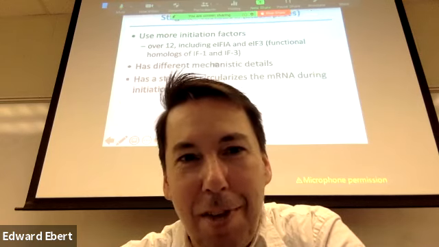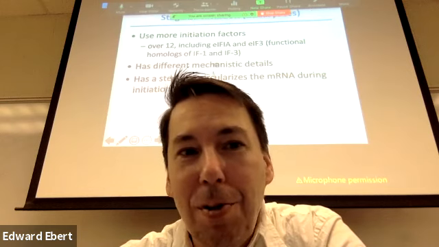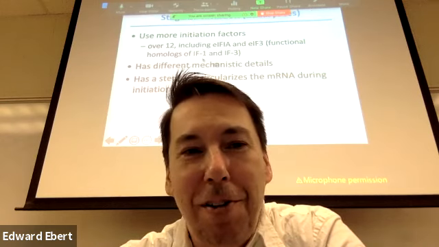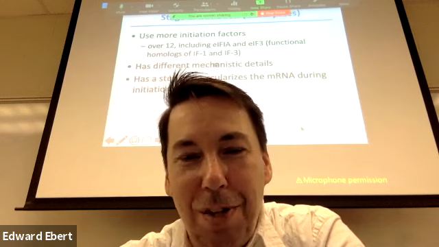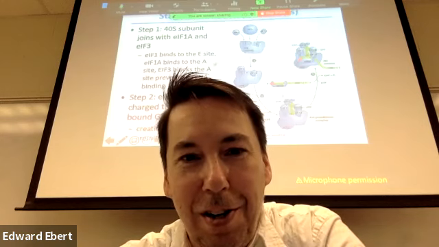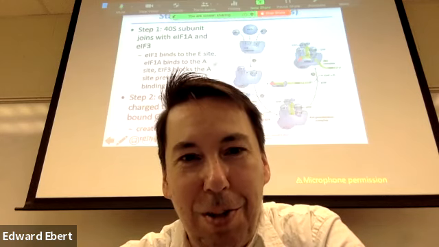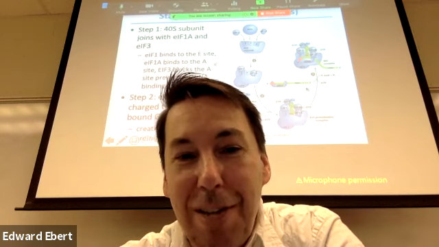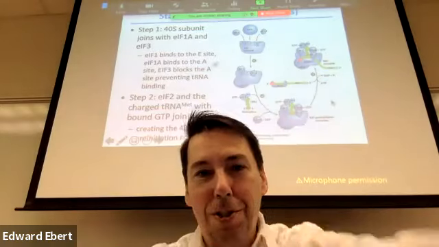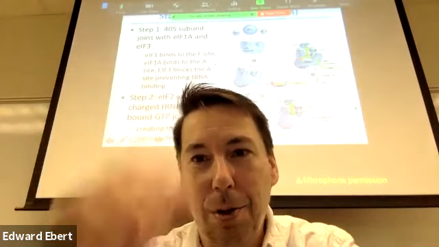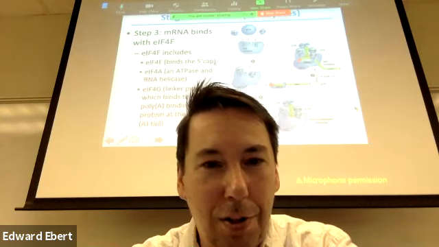Variations. Okay. Eukaryotes are very similar, but instead of having 3 initiation factors, there's at least 12. It has slightly different mechanistic details, and we also see the circularization of the mRNA that occurs in there. We're not going to sweat that, but essentially it does the same thing to load the mRNA, bring in that first tRNA, and then allows the larger subunit to clamp down in there.